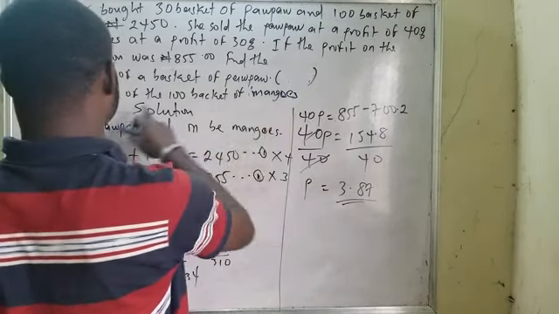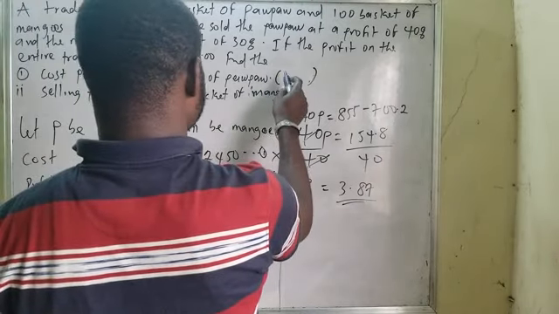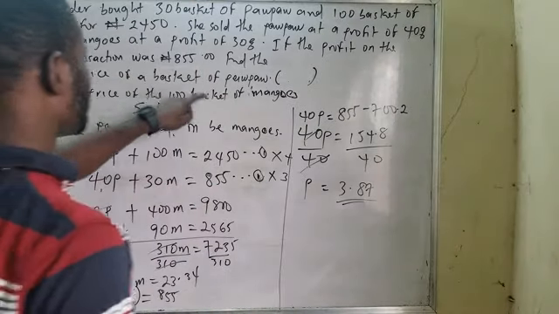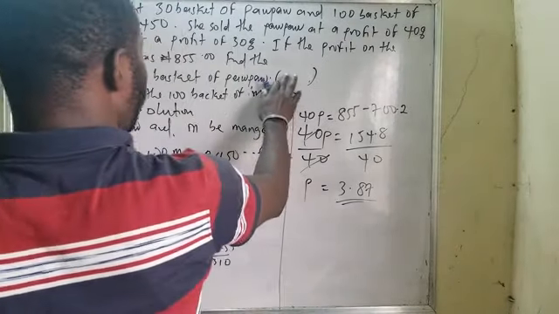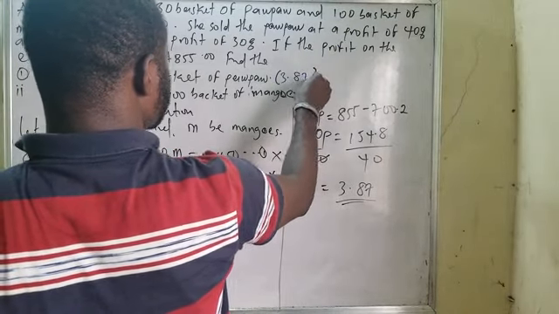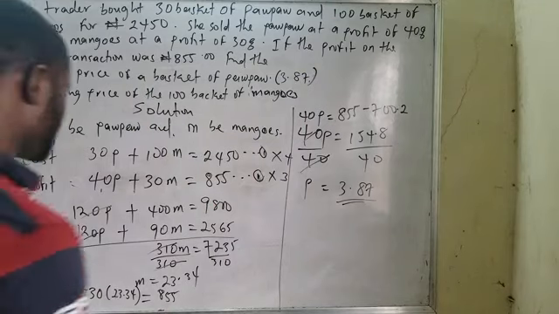A basket of pawpaw, which is the cost price of a basket of pawpaw. It means I will be having 3.87. That is my basket of pawpaw. Sorry for that. I made a mistake. Now I can answer number 2, which is going to be number 1.